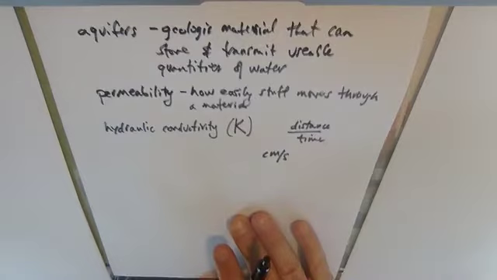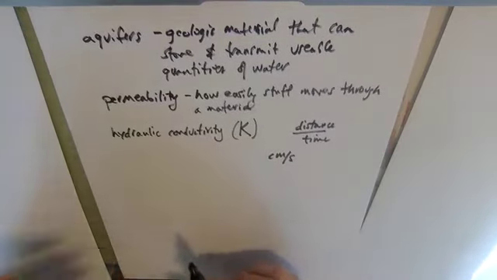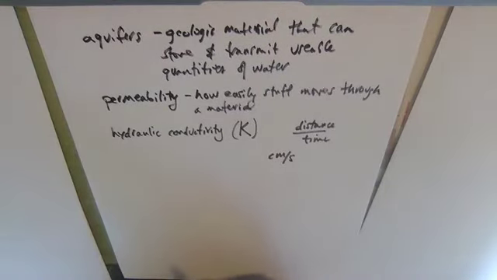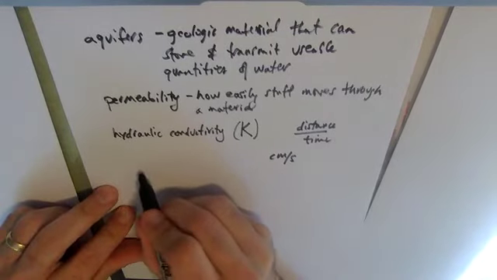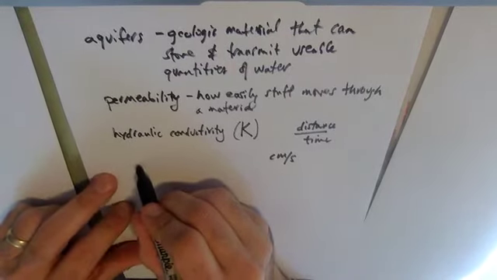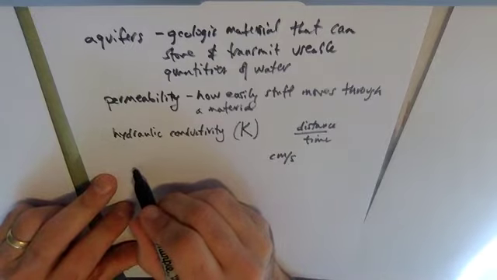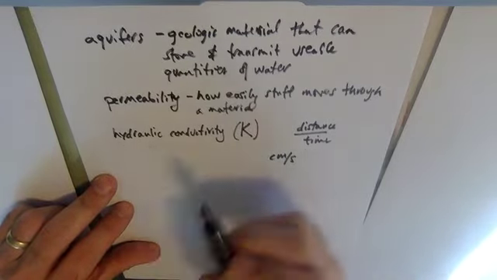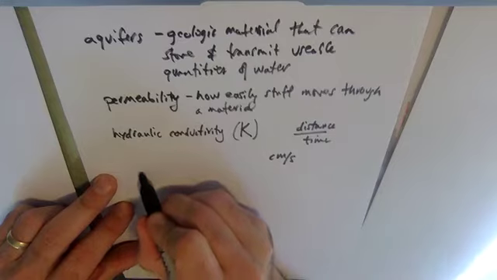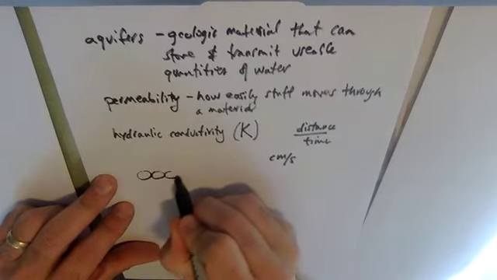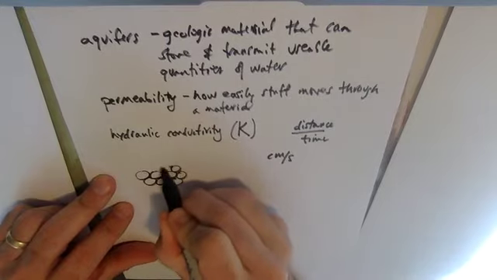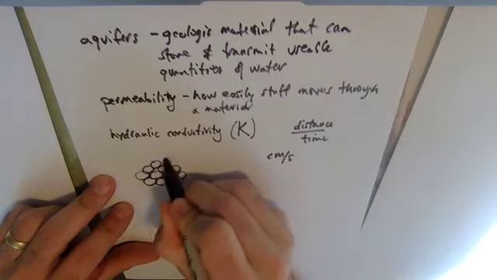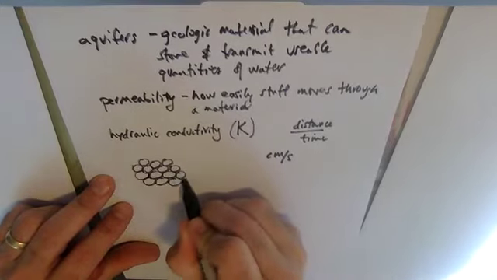Okay, so when you think about hydraulic conductivity, and we think about the flow of water through aquifers, one thing that we need to realize is that all geologic media are not the same, all aquifers, all rocks and sediments and so forth. So you can imagine some grains of sand that are stacked like this on top of each other.